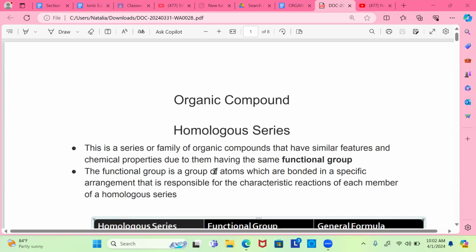A functional group is an atom or atoms bonded together, and it is responsible for the chemical properties of an organic compound.